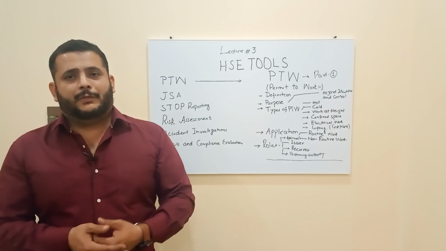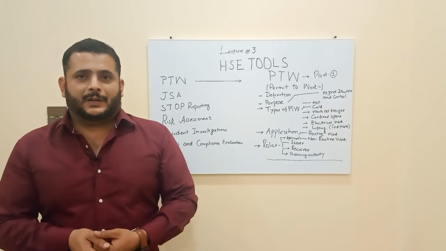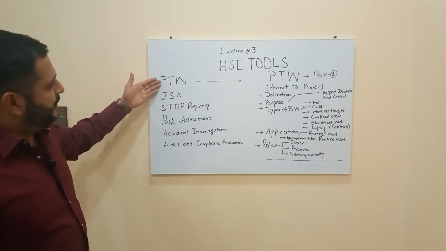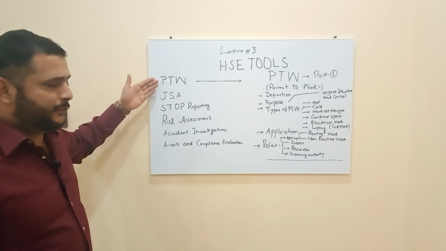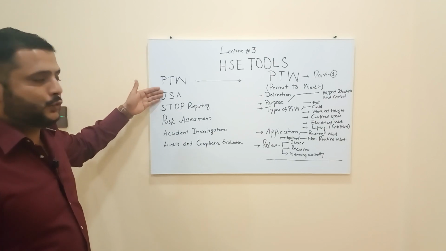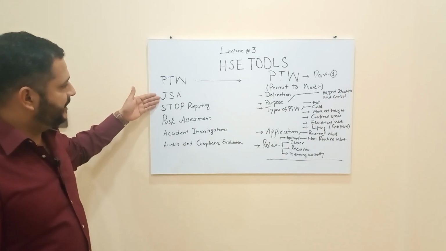Now in this training, we will discuss the HSE tools which are employed in the safety culture in organizations. First of all, we will go through these. First is the PTW. Later on, we will discuss these HSE tools one by one in every lecture. Second one is JSA, which is called job safety analysis.